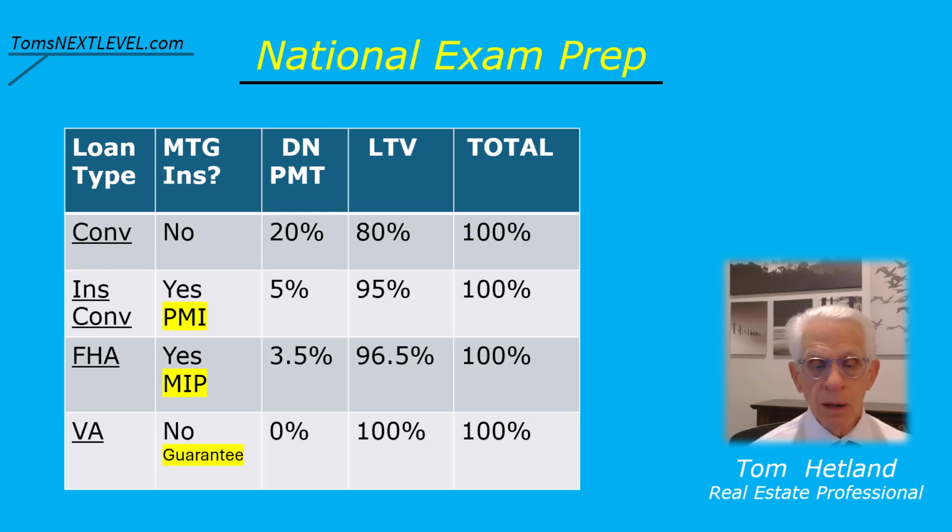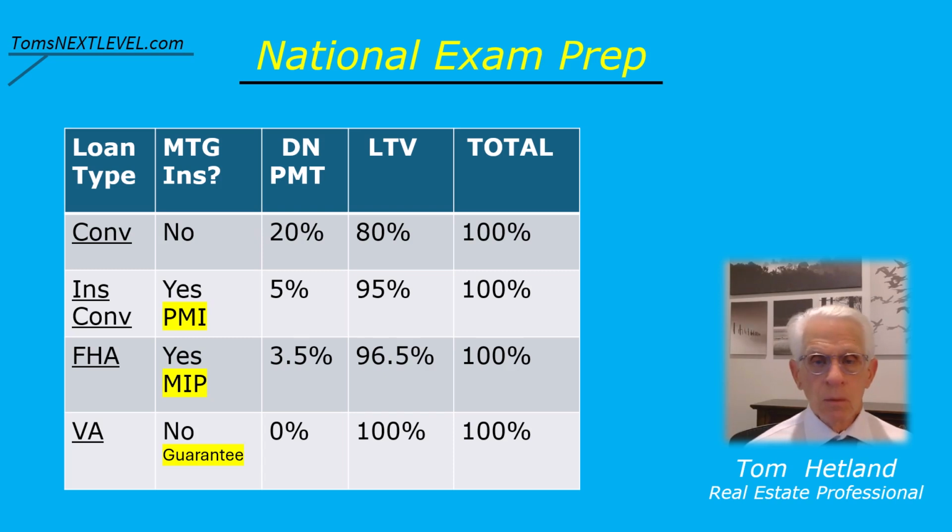PMI stands for private mortgage insurance. PMI, private mortgage insurance, is going to be placed on loans where the minimum 20% down payment is not made. Or, stated another way, the loan to value is higher than 80%. They'll require PMI from a conventional lender, which means that loan will be referred to as an insured conventional.